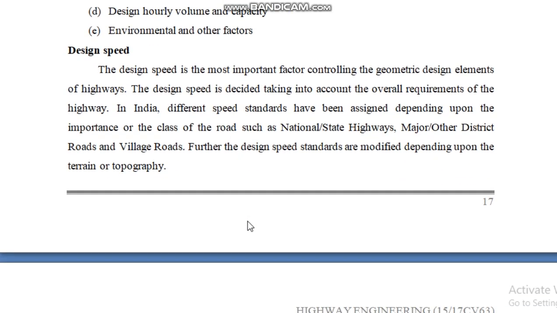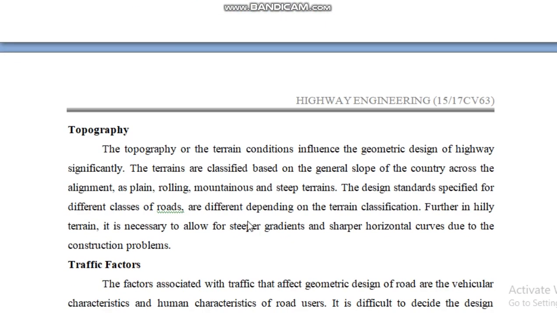Then how will topography affect it? Topography considerations especially affect us when we are working with vertical curve designs or vertical alignments. When it is a plain or rolling terrain, then definitely there will not be major changes that we can provide with the vertical alignments, because it will be in a plain terrain, and there will be no need of vertical curves, and hence no need of changing the geometry.